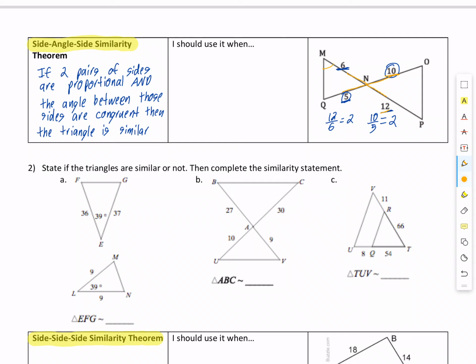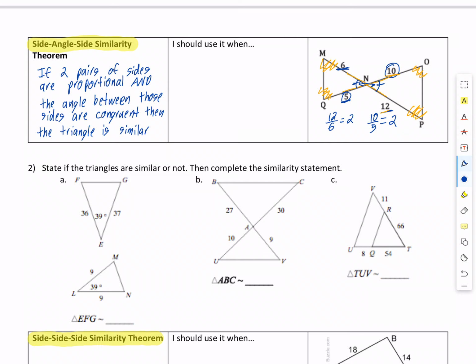This angle right here, like angle M, wouldn't matter because it's not in between. This angle Q wouldn't matter because it's not in between, and the same with these ones over here. So we would need those two to be the same, and luckily, these two are vertical angles. Because there are two intersecting lines, these opposite angles are congruent.